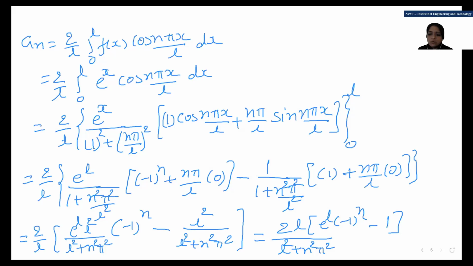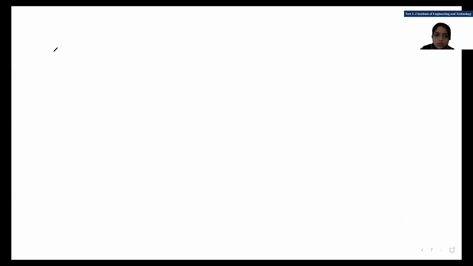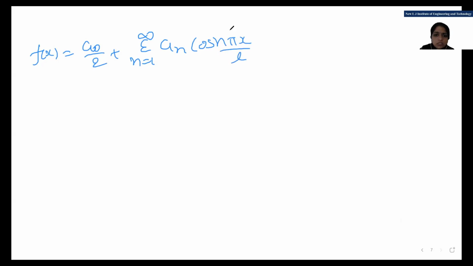Okay. Now we have to just substitute the value of a0 and an in our cosine Fourier series. So cosine Fourier series is f of x is equal to a0 by 2 plus summation n 1 to infinity an cos n pi x by L. Students, please don't forget to write this theta because our given integral is 0 to L. Now what is the value of A0?